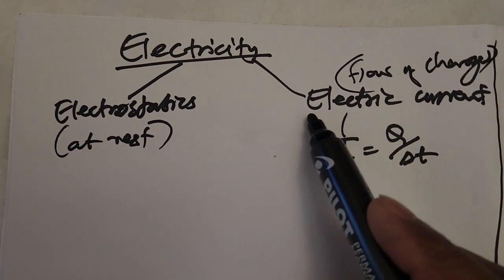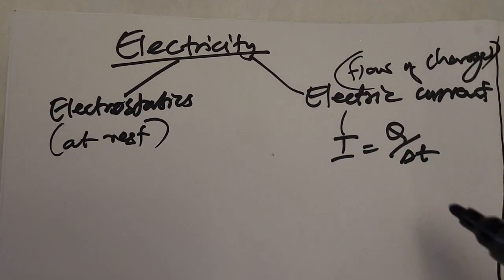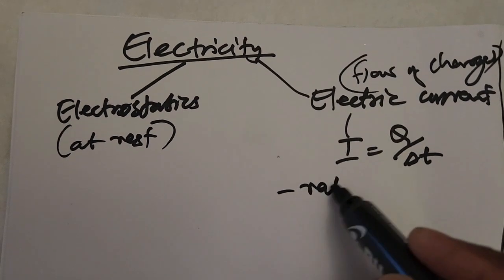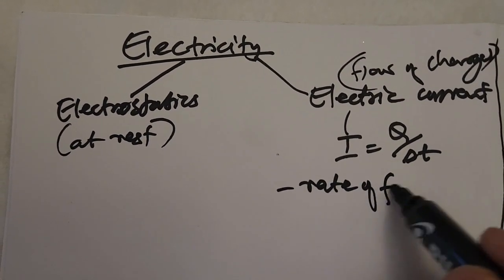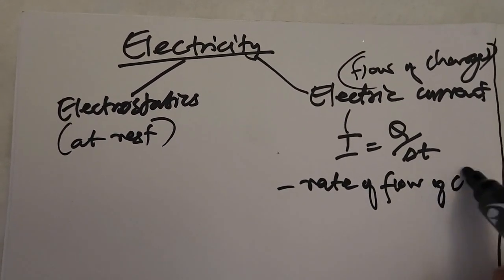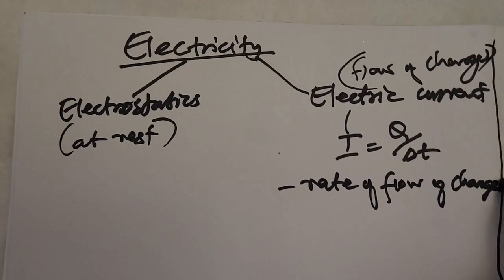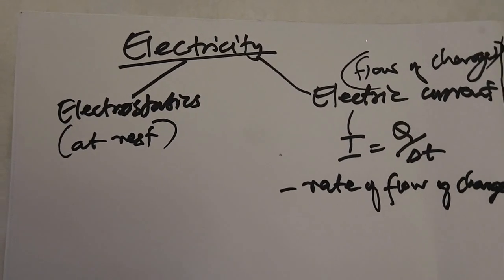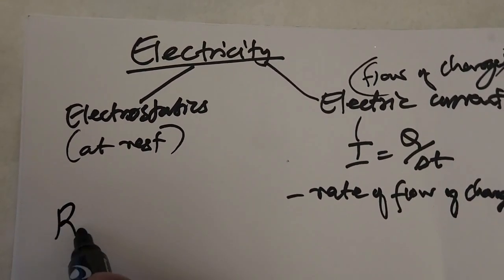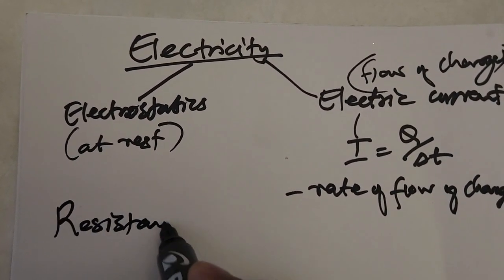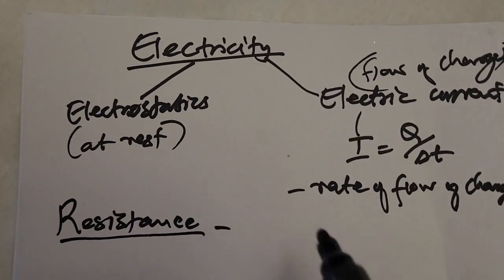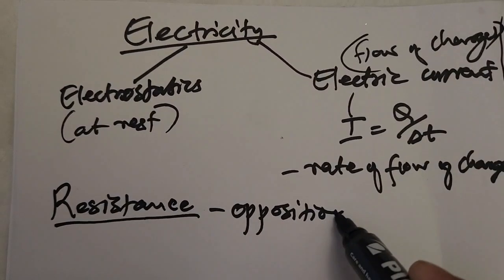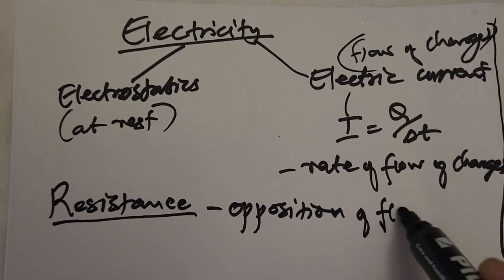Now, in a nutshell, electric current, by definition, is the rate of flow of charge. In the lower grades, we also learned in circuits that there is what we call resistance, which is the opposition to the flow of charges.